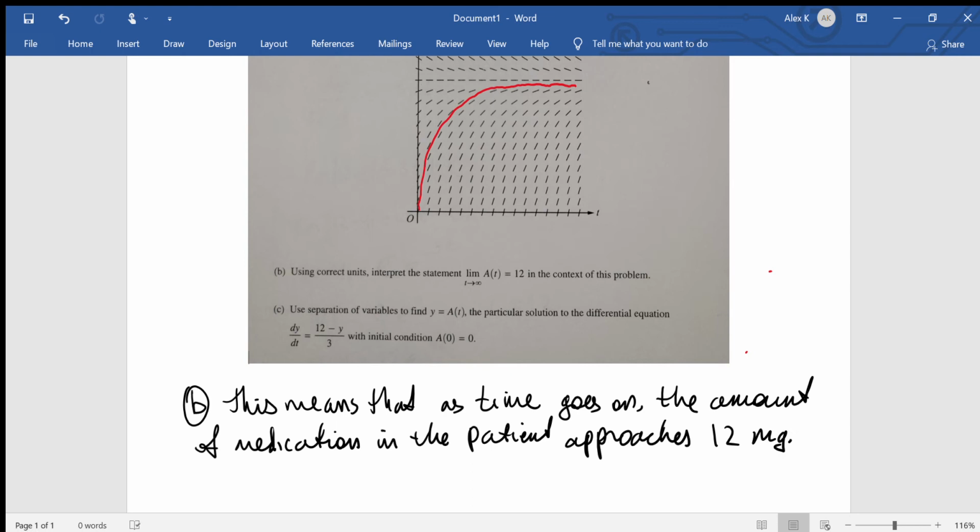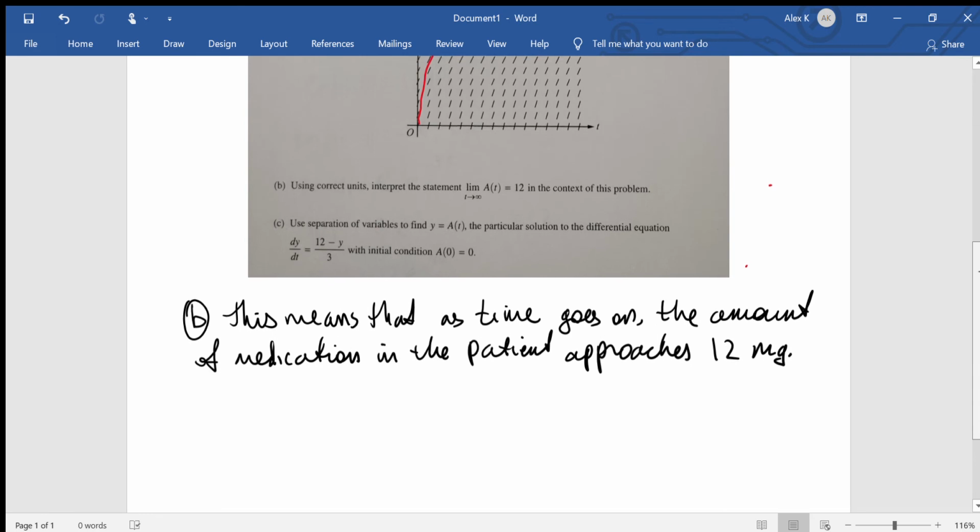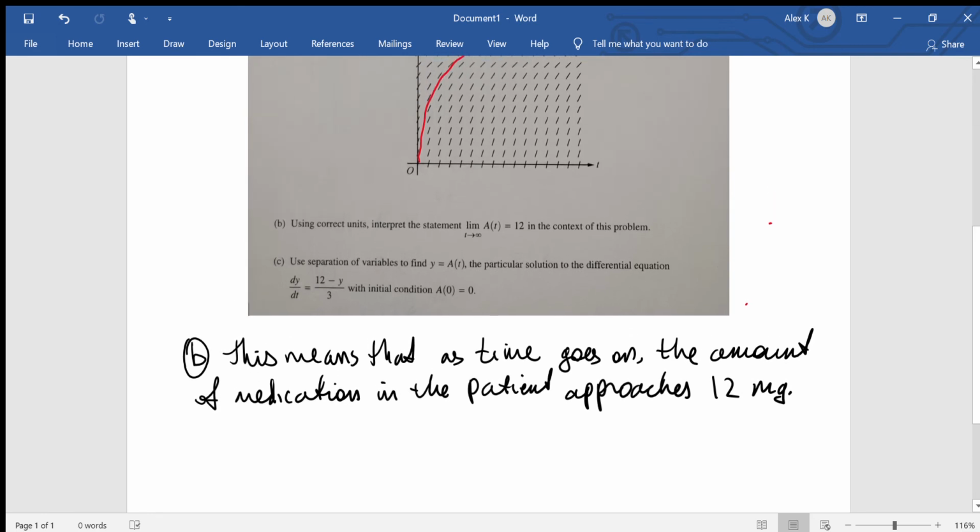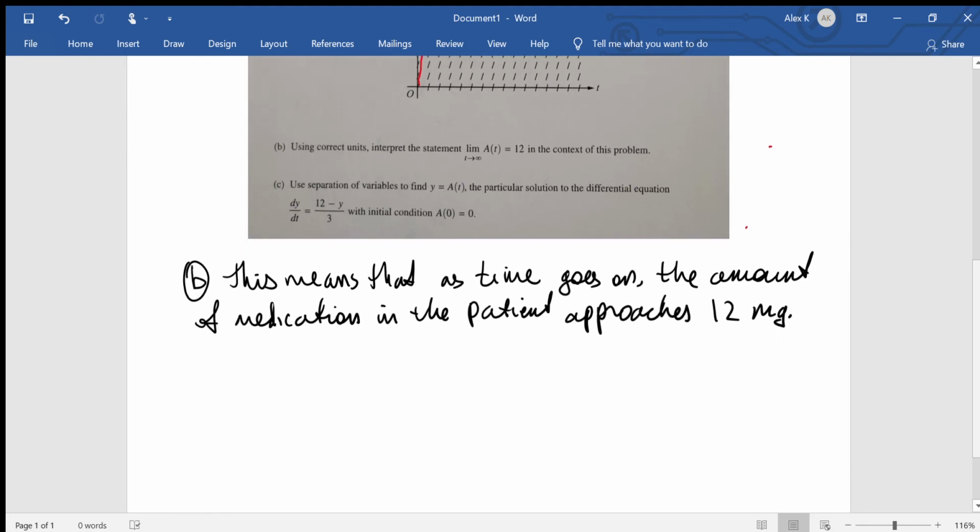That's all you need to do. It does ask you to have units, so it is important that units are included. Okay, and that's what's going to need to happen.